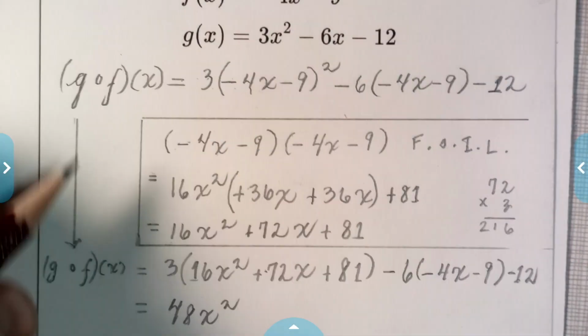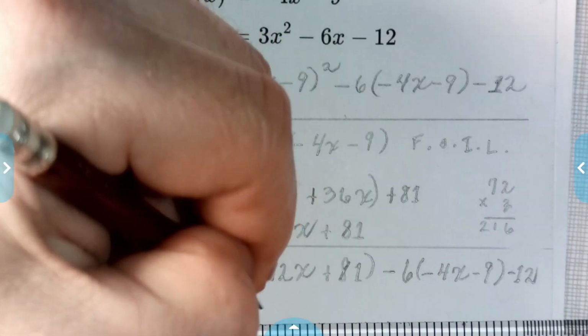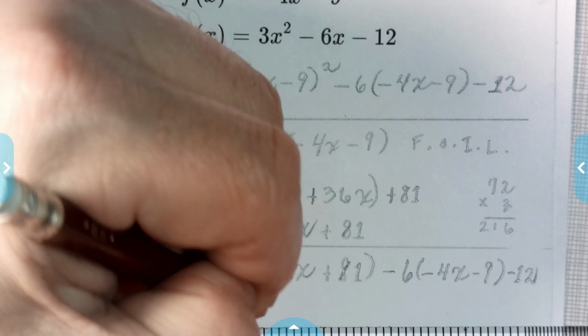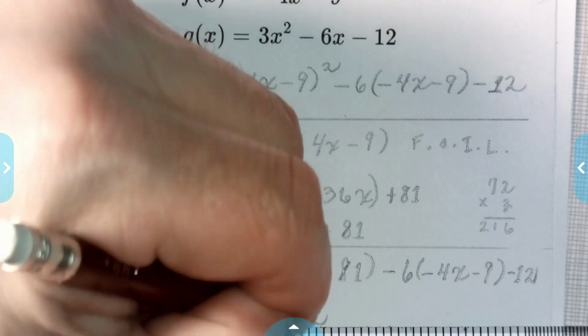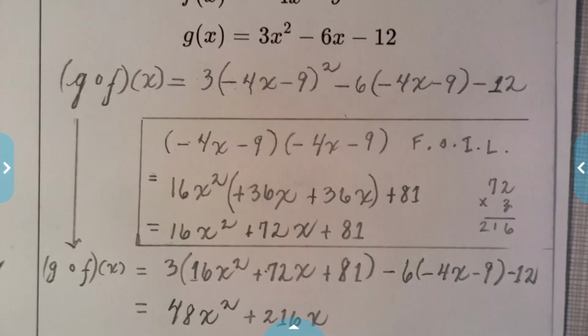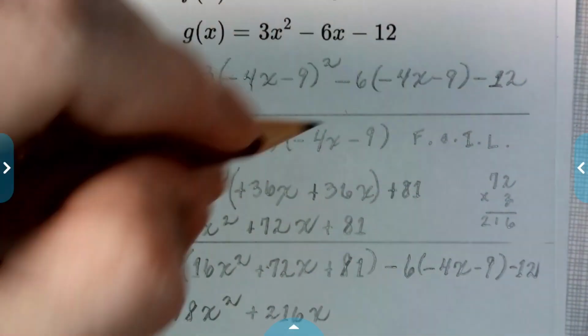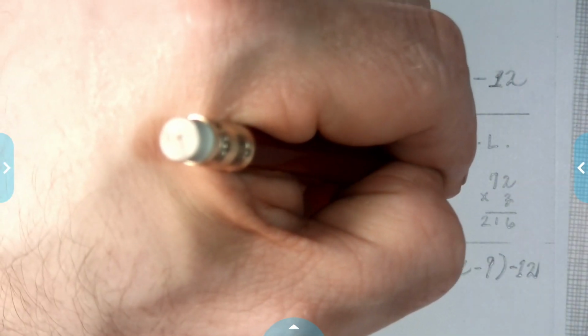Yep. 216x. And then 3 times 81 would be 243. All right. 81 times 3. Yeah. Plus 243.